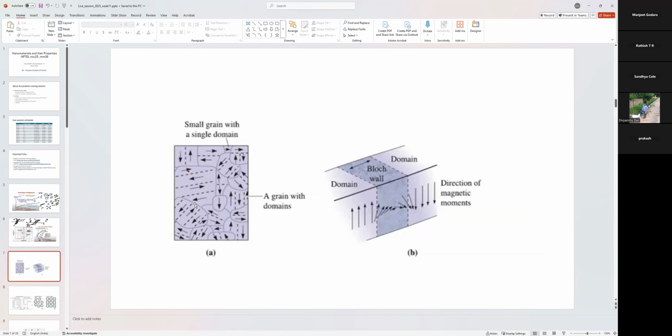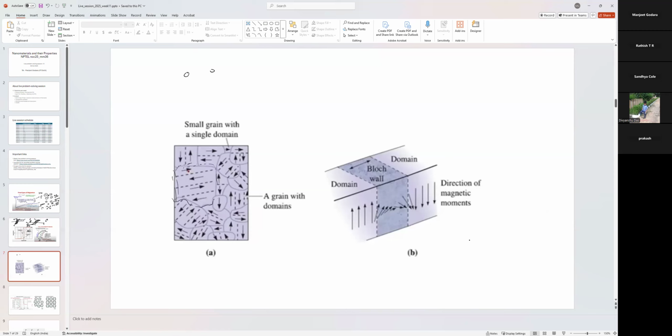Next, we talk about the magnetic domains. Then you have your individual grain. This is your grain material. And you have your atoms sitting in your crystal structure, right?